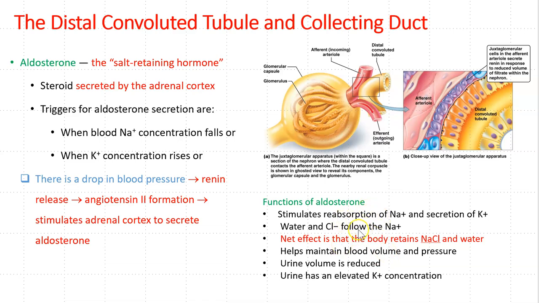The main job of aldosterone is to maintain the blood volume and pressure, and since it helps in retaining sodium and indirectly helps in retaining water in the body, it makes urine more concentrated.